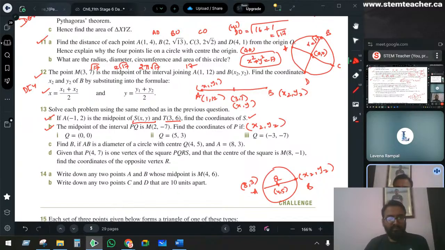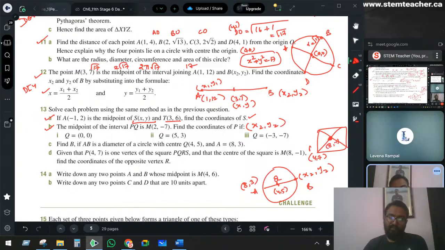And given that P (4, 7) is one vertex of the square PQRS, he has given a square, and he has given the midpoint. The point is (4, 7), and the midpoint is (8, minus 1).